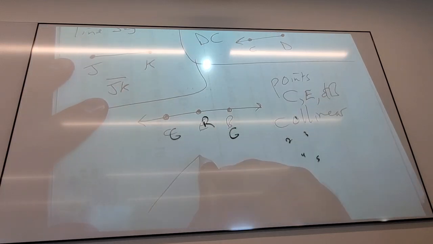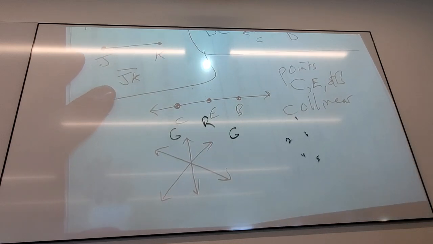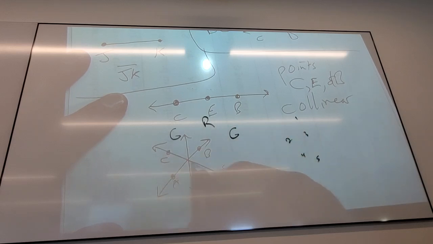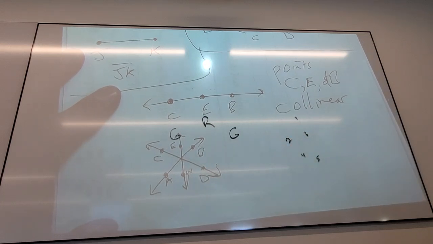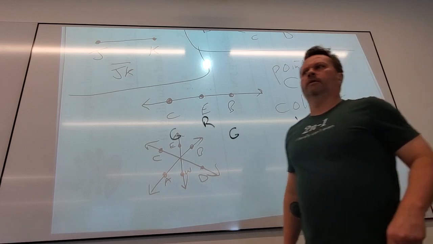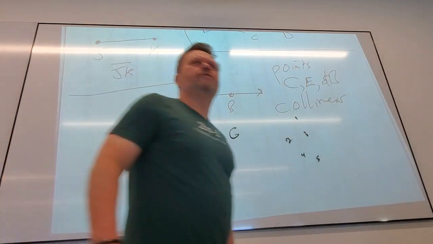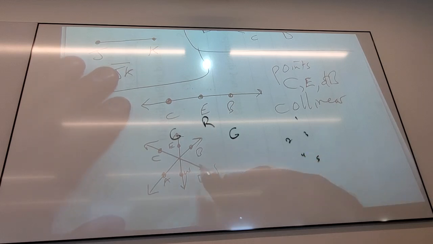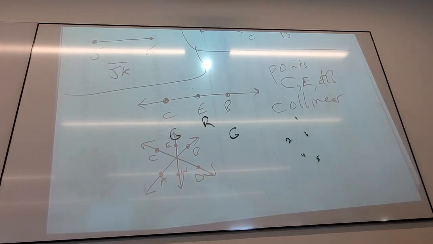What if I have three lines? Let's say this is A, B, C, D, E, W, just to be different. So I have three lines there. I got A, B, I got C, D, and I got E, W. They all connect at a single point, yes? So how do these three lines relate?